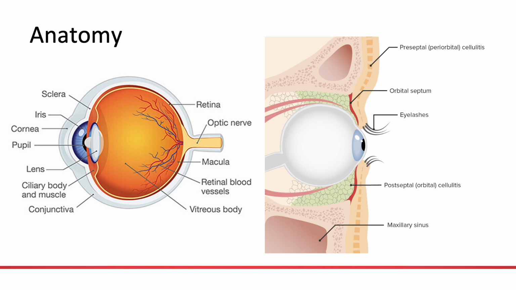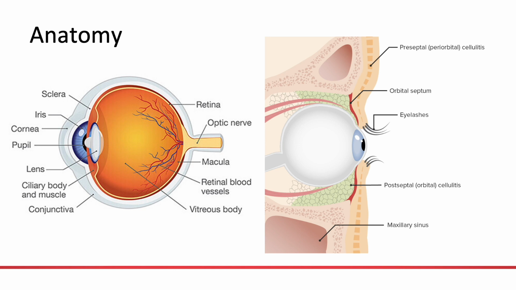Whereas if there's some sort of inflammation of the muscle, the iris, and changing pupil size, that would be painful when it moves. And same thing with the sclera, where if you take a look at the right, now we're looking more at the anatomy of the actual orbit itself.